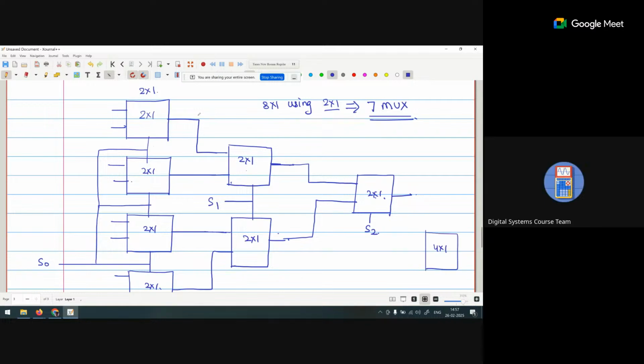If we require a 4 cross 1, can we go from MSB to LSB, right to left?